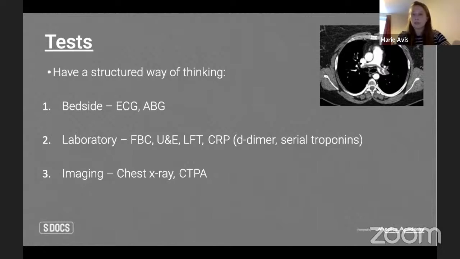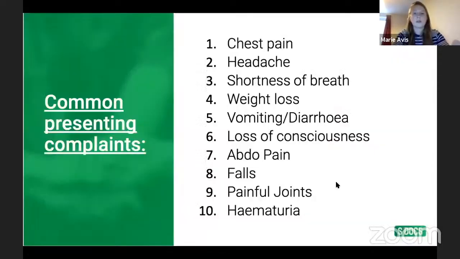Imaging, so chest x-ray, like I said, you can get it quick. You can rule out things with chest pain and shortness of breath like pneumonias, and bits like that. And a CTPA, a CT pulmonary angiogram, to look at the blood vessels in the lungs to see if there is a PE, and that's gold standard for looking at that. So hopefully that's useful.